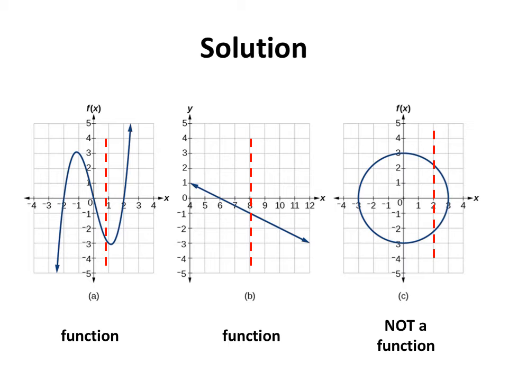Notice that any vertical line would pass through only one point of the two graphs shown in Figure A and Figure B. These two graphs represent functions. The third graph does not represent a function because at most x values, a vertical line would intersect the graph at more than one point, as shown in Figure C.